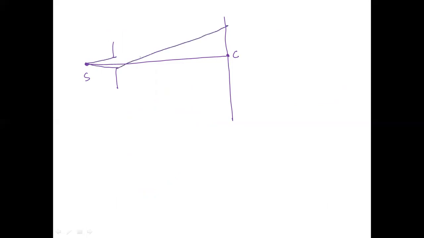Initially, we have the source and we are having the slit like this. Here we are having a screen, undeviated or central fringe. This one is the center, right? Suppose let us consider this one. This is theta.